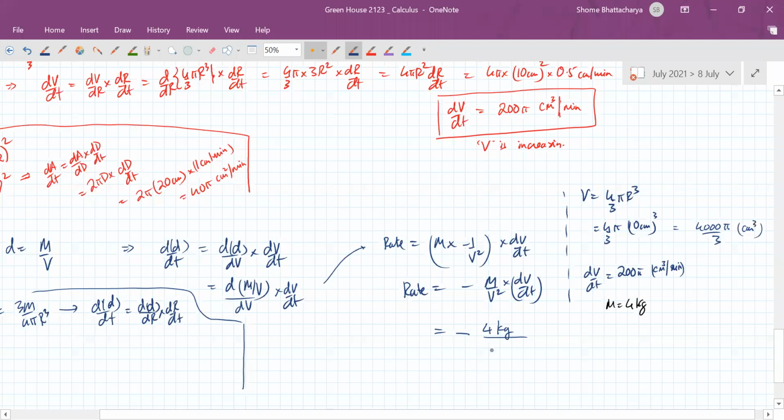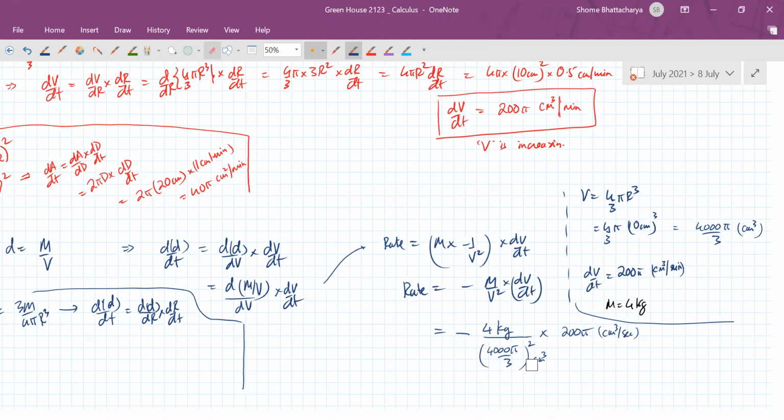So square of that, 4000 pi by 3 squared, in centimeter cube, into dV by dt, the rate of change of volume, which is 200 pi centimeter cube per second. Just a minute, the centimeter cube is inside the bracket because you're squaring the volume.